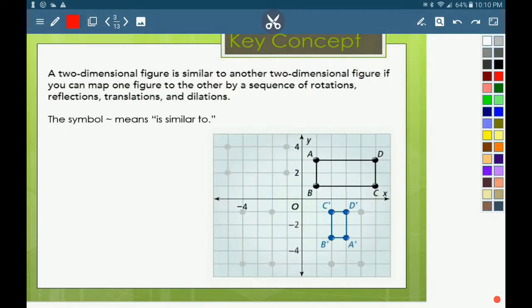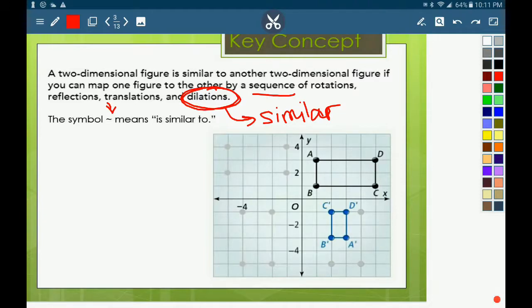So the main idea here is a two-dimensional figure is similar to another two-dimensional figure if you can map one figure to the other by a sequence of rotations, reflections, translations, and dilations. The moment you dilate, you have now created similar figures. If you don't ever dilate, you're only creating congruent figures. The symbol, the little squiggle, means is similar to.